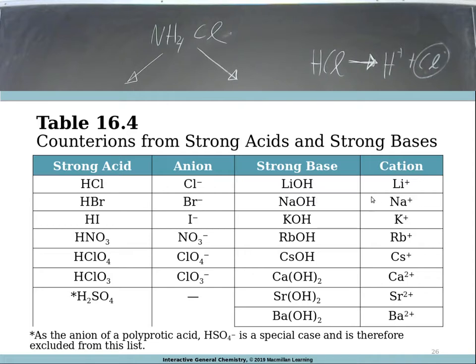And then as far as the cations, we can come over here and see that all of the cations that are a part of our strong bases will also be neutral. And so what this means is that most of our activity is going to be in the anions. A lot of our bases are going to be anions.